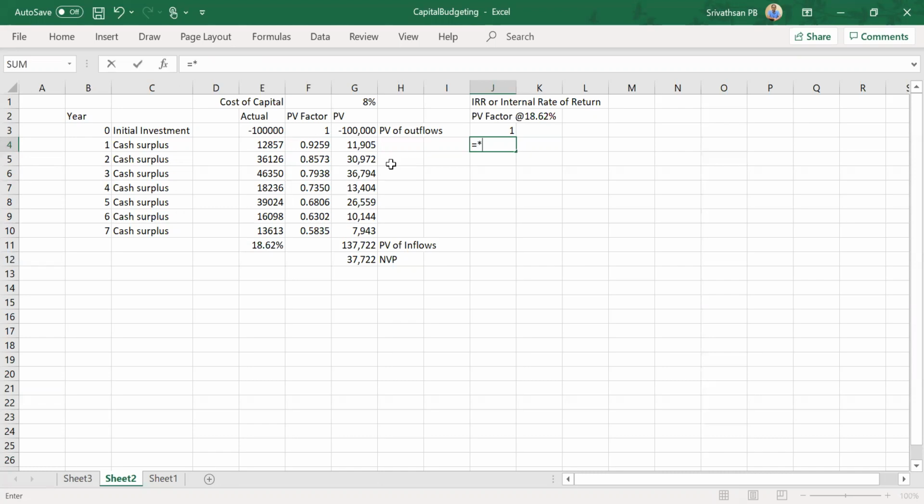Second year onwards 1 divided by 1 plus R, 18.62. Because it's shown as a percentage, when I add it becomes 0.1862. I'll freeze the reference to the power, the number of years.